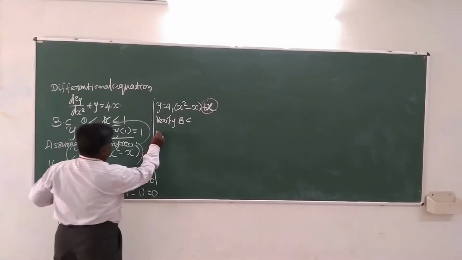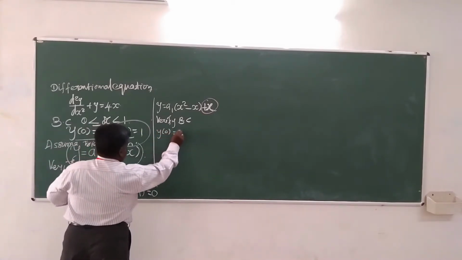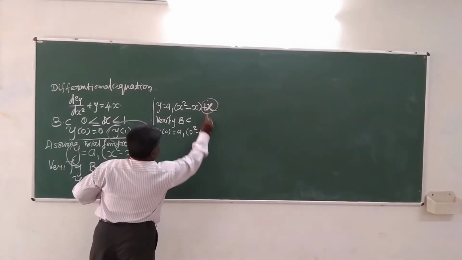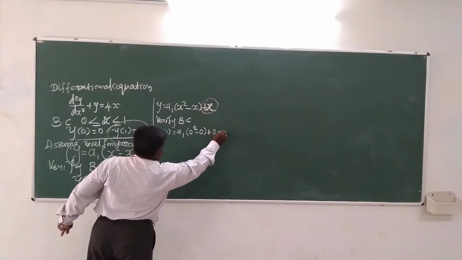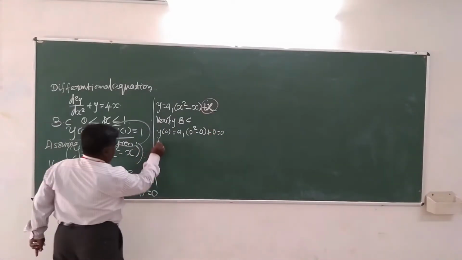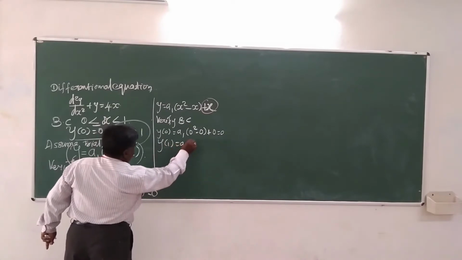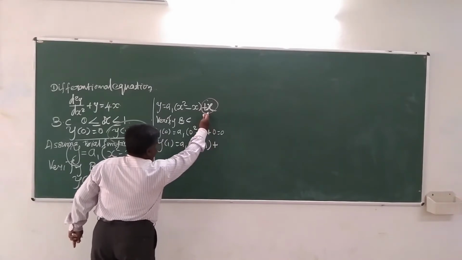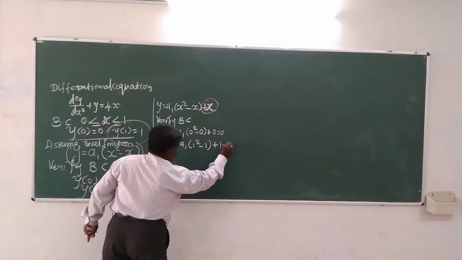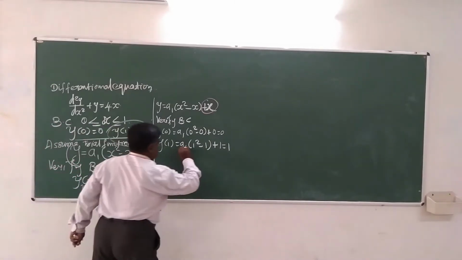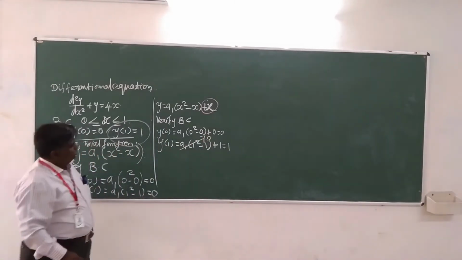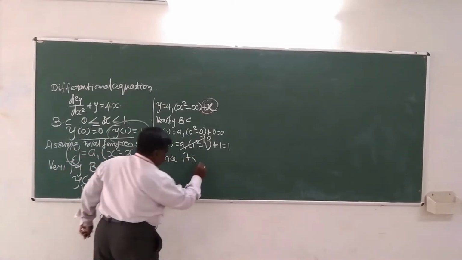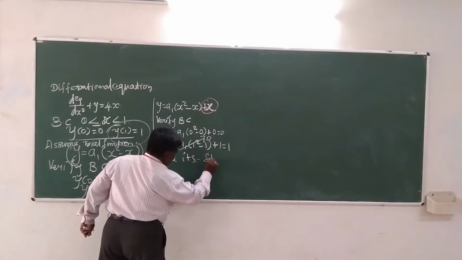Y of 0 equals a1 times 0 plus 0, equal to 0. Again y of 1 equals a1 times (1 square minus 1) plus 1, so we get the value 1. Hence the trial function equation is satisfied.